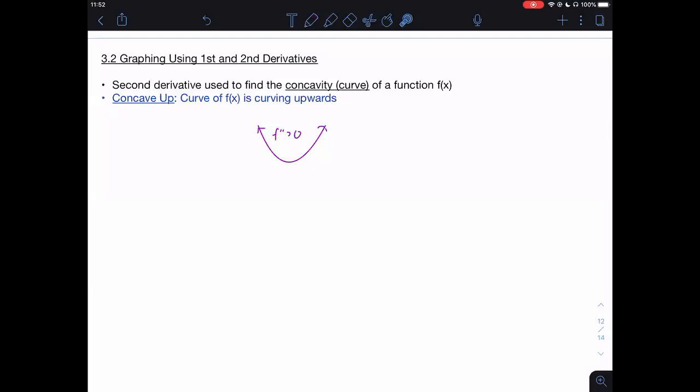If we pick any point along this curve, the second derivative will be positive, because this indicates that our function starts off as a decreasing function but is changing towards an increasing function. Meaning the slope starts off negative, but it's heading towards positive values. So the rate, the slope of our function, is increasing.